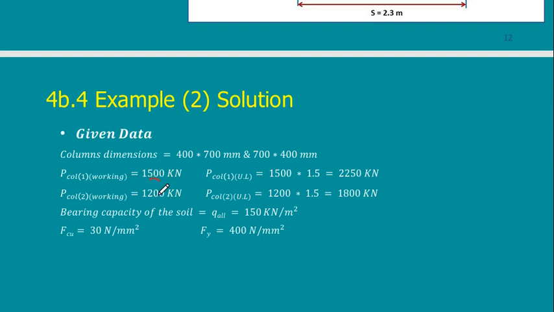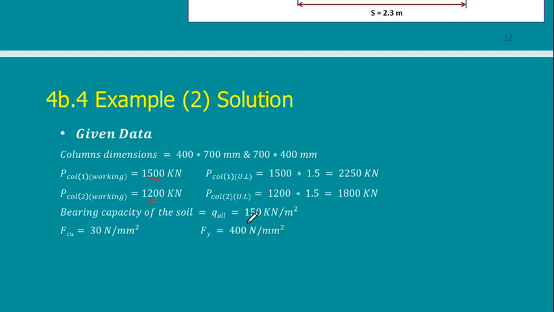The loads, the first column carries 1,500. This is the working load, and the other 1,200. What is the ultimate? Multiply these by 1.5. So these are the ultimate loads that I will need when I come to design the thickness and the amount of steel.